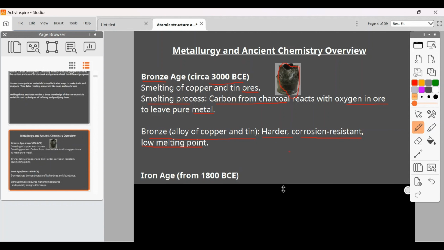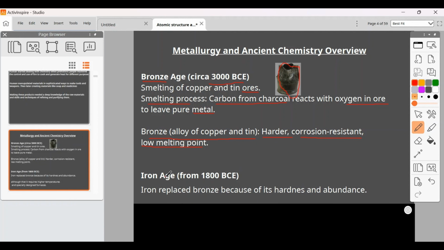Okay. Then comes the Iron Age. This was 1800 before the Common Era, BCE. Here, iron replaced the bronze. The reason is its hardness and its abundance.